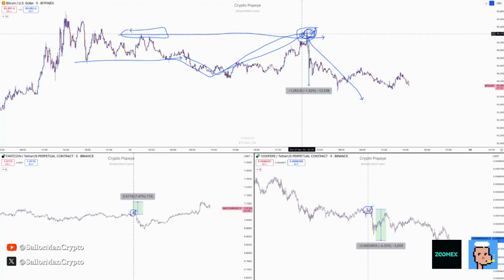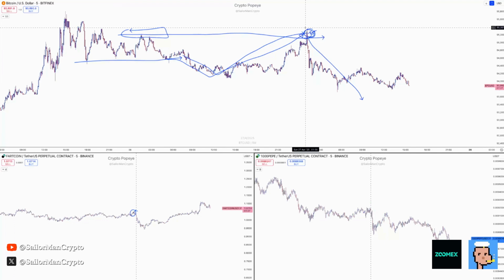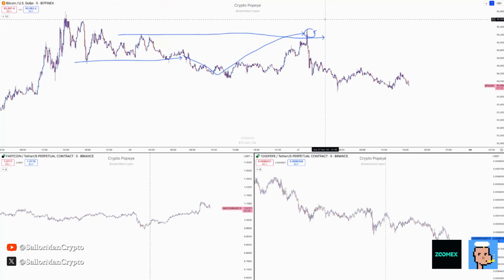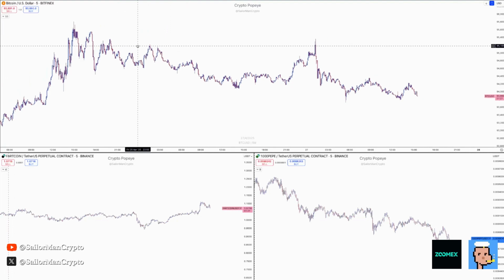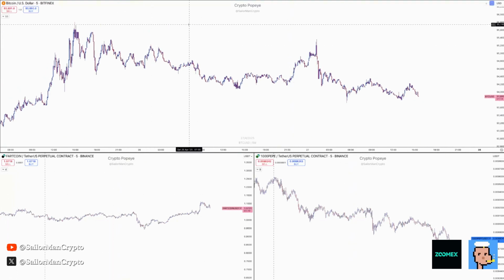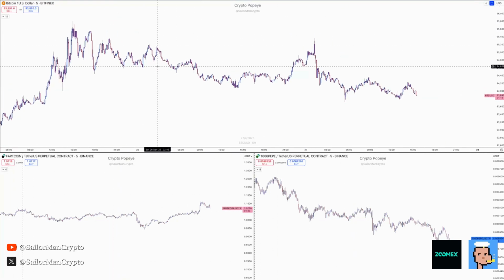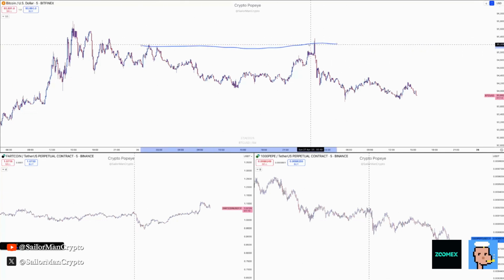Conversely, if you see in this case Bitcoin potentially breaking this resistance, I don't know if you are a breakout trader, you know that here there is a resistance. Sorry, I'm always fighting with TradingView. There is a resistance, perhaps you see a breakout and a retest.